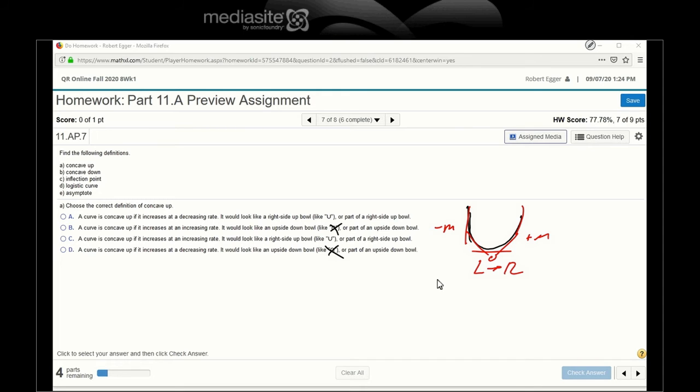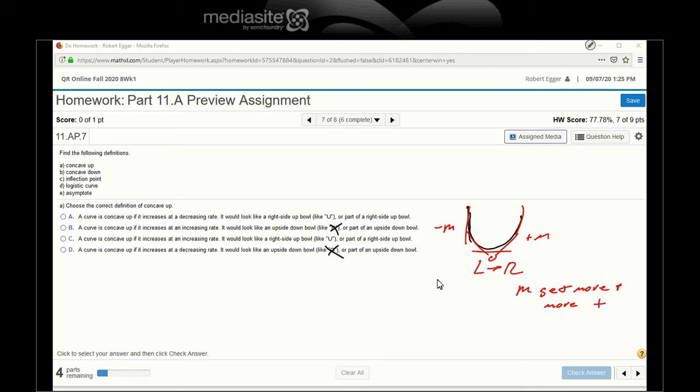So as you go left to right, m gets more and more positive, because minus 5 is more positive than minus 7. 0 is more positive than minus 1. Of course, 1 is more positive than 0.